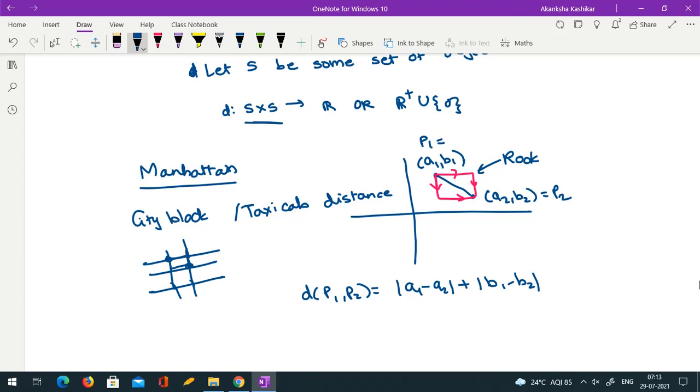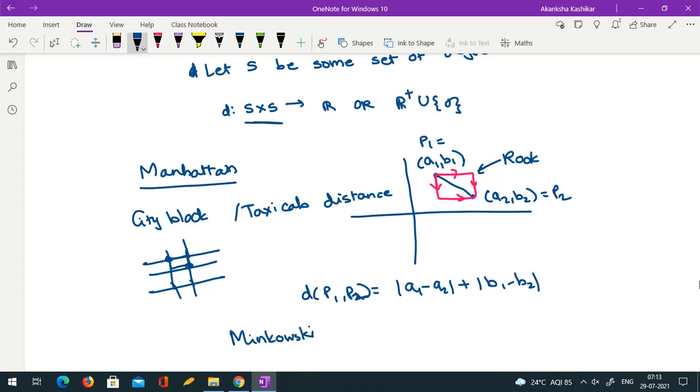This is my formula for the distance between these two points. Let me call this P1 and this point P2. The distance between P1 and P2 will be this. Is it okay? So this is Manhattan distance.